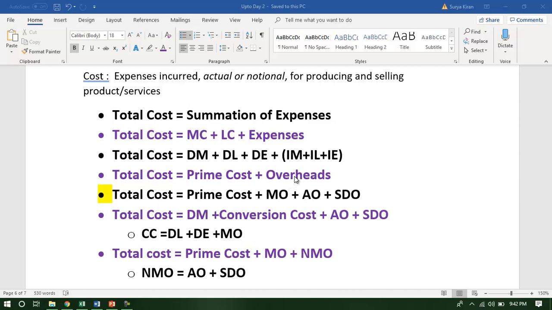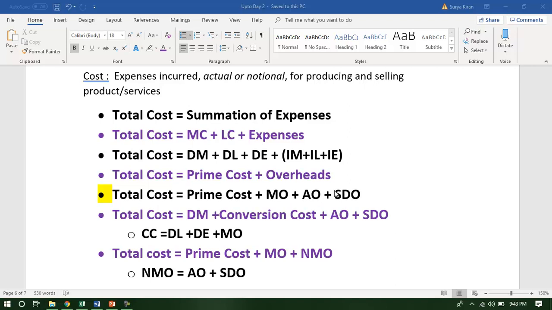Now let us take one step forward. Where are these overheads incurred? These overheads may be incurred in the factory, maybe in the admin offices, or maybe at the place of selling and distribution locations. So therefore, overheads can be classified into manufacturing overhead, administration overhead, and selling and distribution overhead.